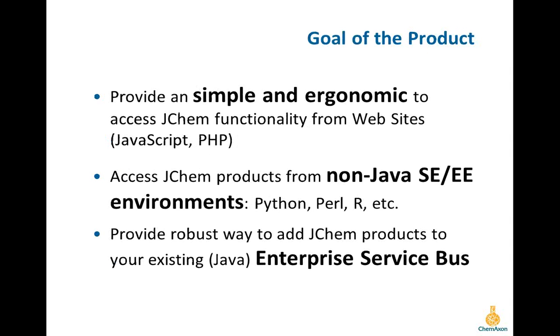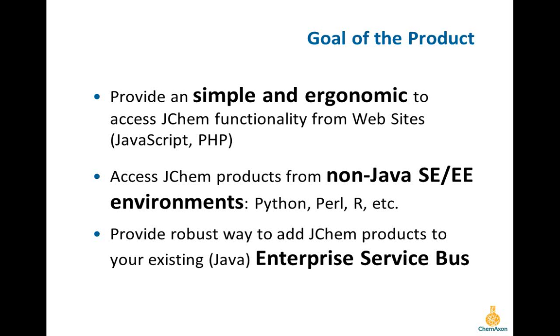Okay, so the goal of these web service products is to provide a simple and ergonomic way to access all of the JChem functionality, especially from websites and so on. So it makes it easy to access these functionalities.